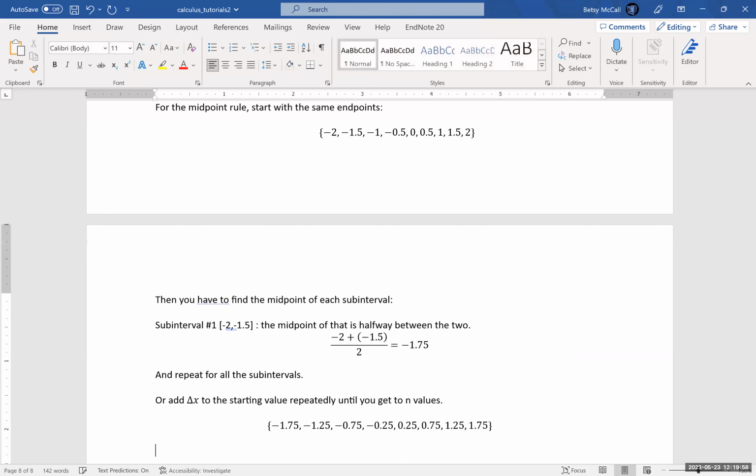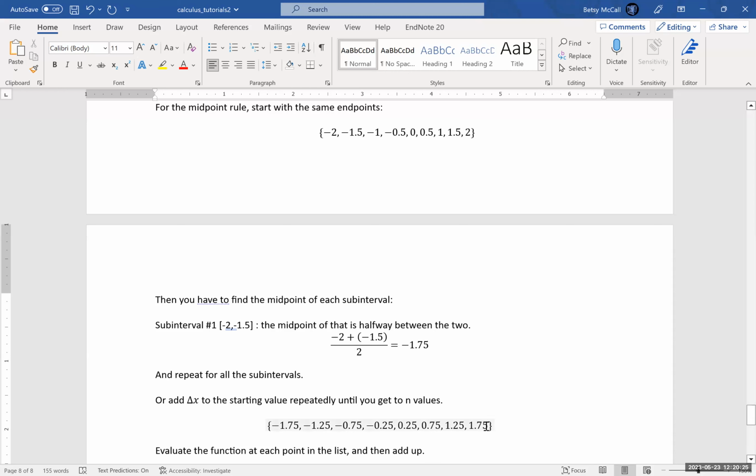And then evaluate the function at each point in the list. There's only 8 of them, so there's not 9 of them like we had before. So you don't have to leave one out. You evaluate at all of these midpoints and then add up. And what you should get is a value that is halfway in between the 2 previous values we found.